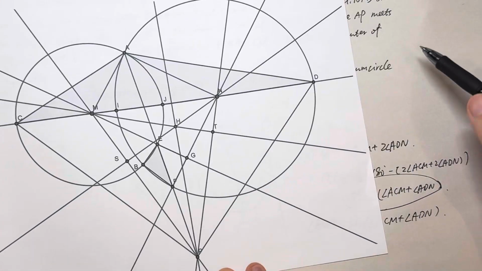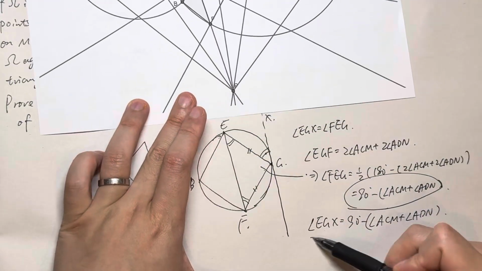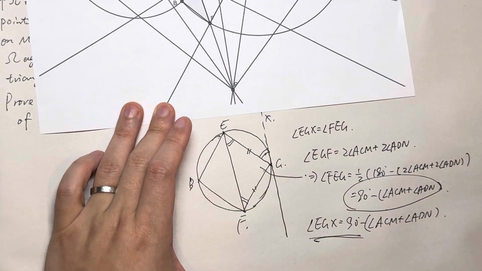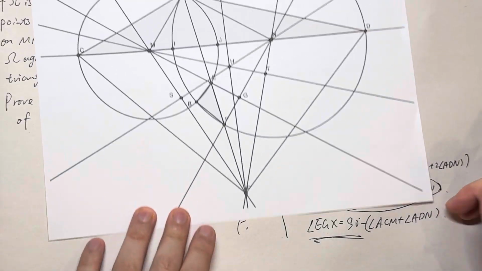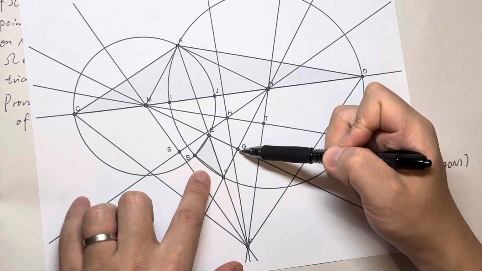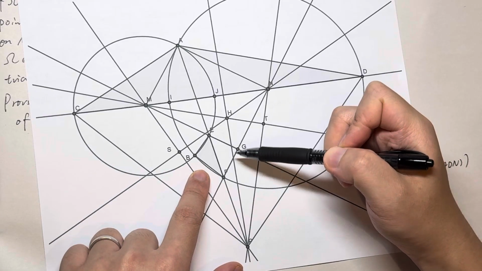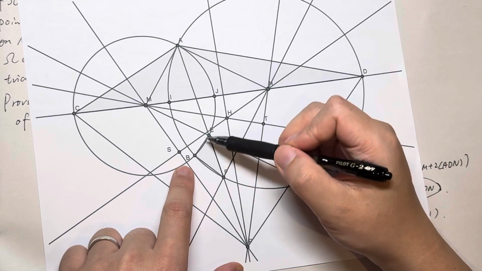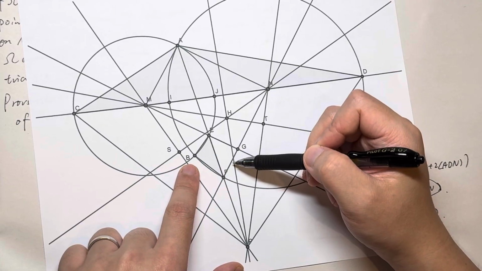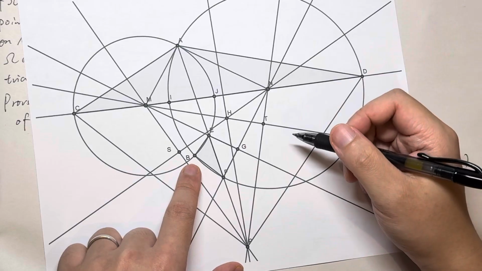If the angle EGH equals angle EGX, that means H is on the tangent line of the circumcircle BEF at tangent point G. Then we solve the problem.